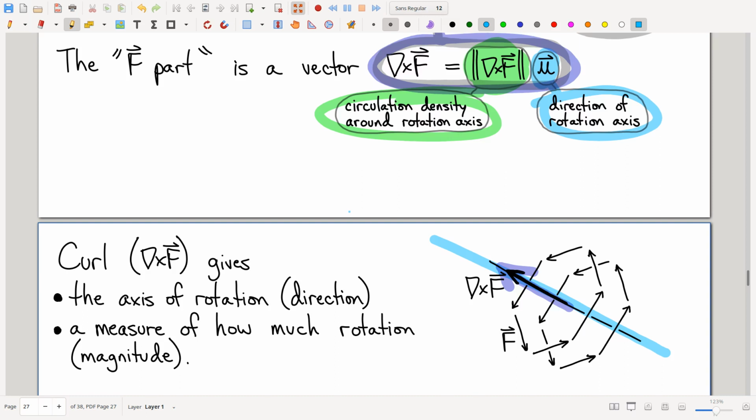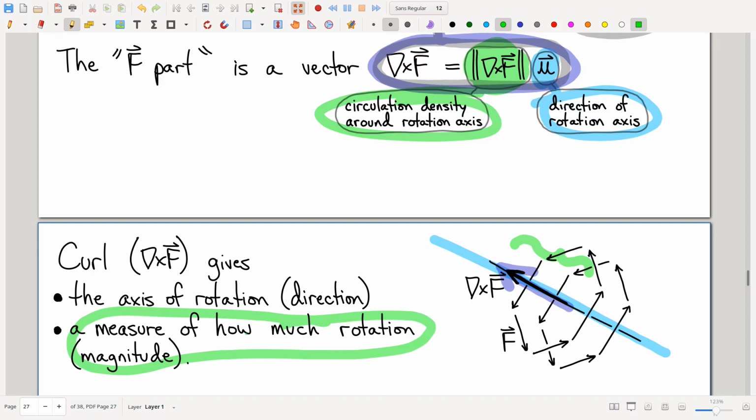And the magnitude, however long that curl vector is, tells you how much rotation is happening. Let's not get bogged down in stuff like units, but the longer the curl vector, the stronger the rotation. That's the basic idea.